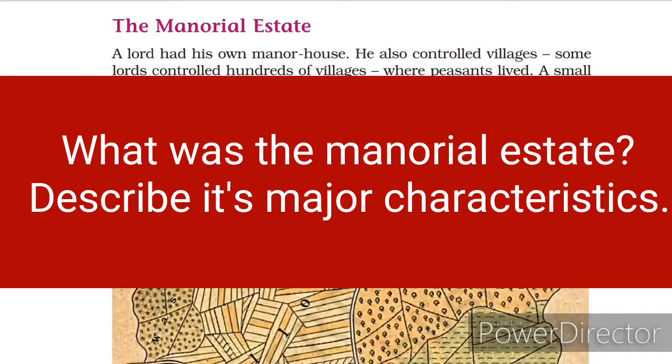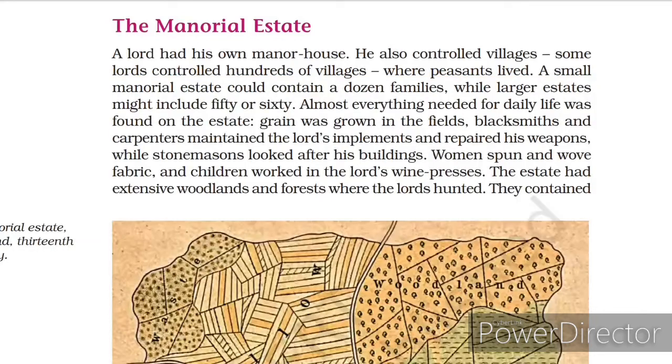Describe its major characteristics. When you talk about manorial estates, we can say that it's a house. A lord has his own house, which is known as a manor. The lords of that time, especially the nobility who had lots of land, were known as manors.